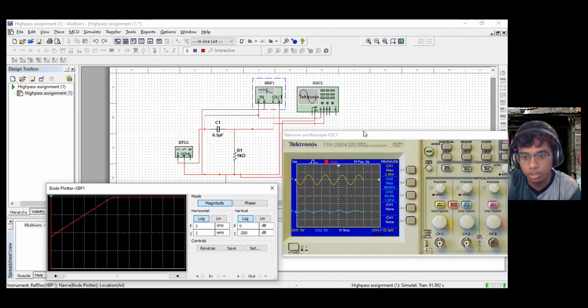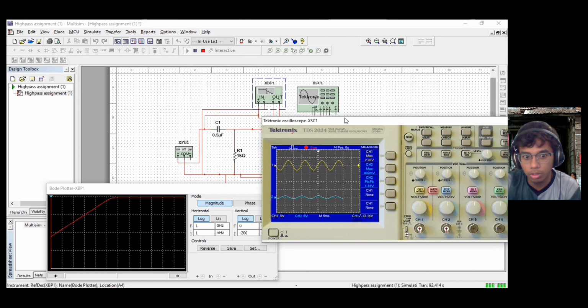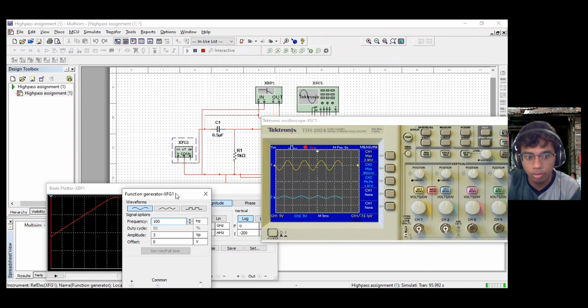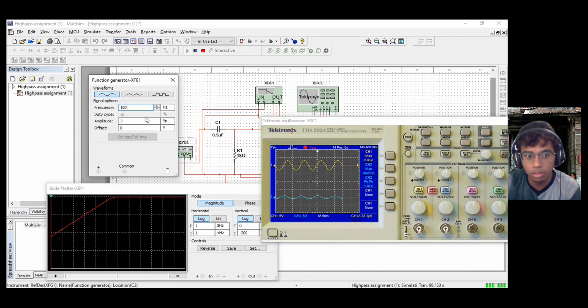Okay, so for this we can see for the 100 Hz and amplitude 3 Vp.